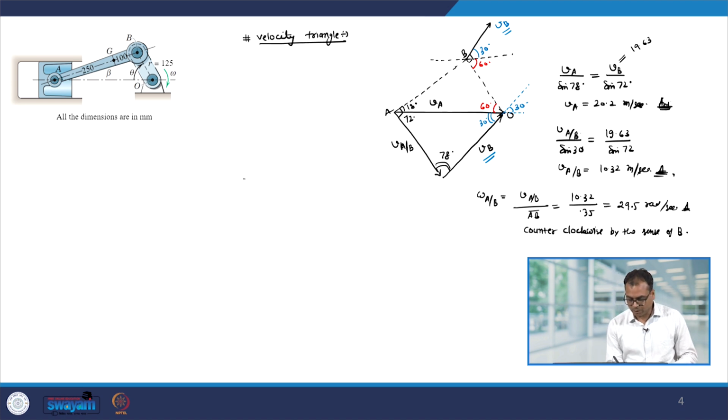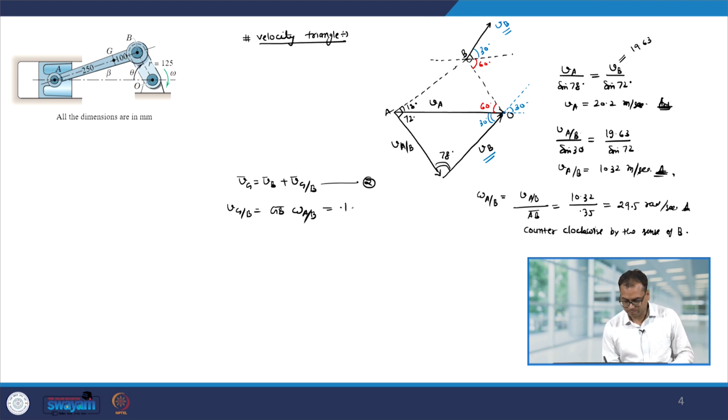We have been asked to find out what is Vg. So, velocity of G will be velocity of B plus velocity of G with respect to B. Now, this was our equation number 2, and Vgb will be Gb times omega AB, and Gb is 100 mm.